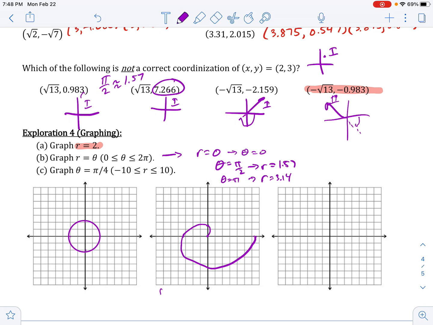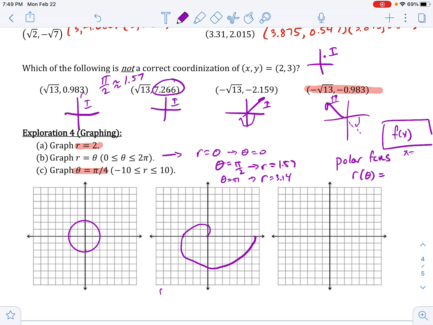And then for the last one, we have theta equals pi over 4. This is interesting because we want our polar functions to be r of theta, so it's r as a function of theta, just like usually in Cartesian coordinates, we do f as a function of x. But notice here we just have theta equals pi over 4. What is that similar to in rectangular form?